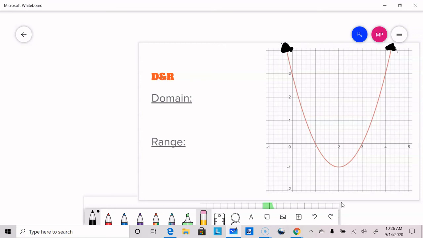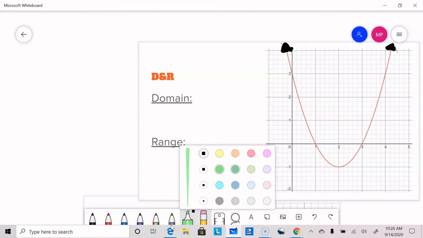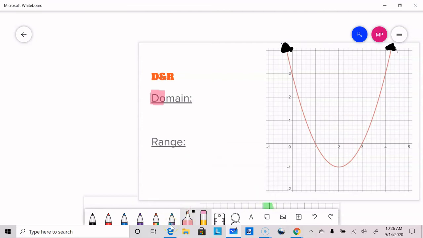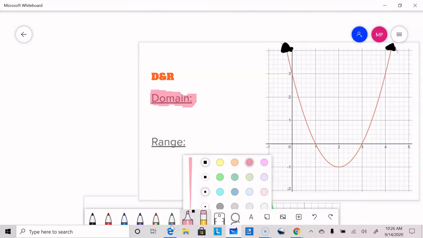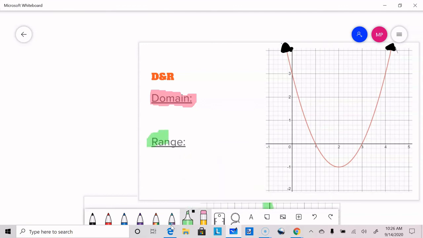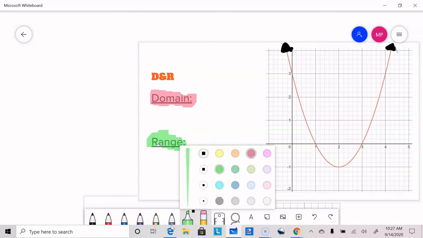And what that means is that the graph, if I gave it enough time, would keep going. If I had a big enough piece of paper, I would be able to keep graphing this. Now, remember domain is always going to be our x values. So I'm going to highlight our x-axis.